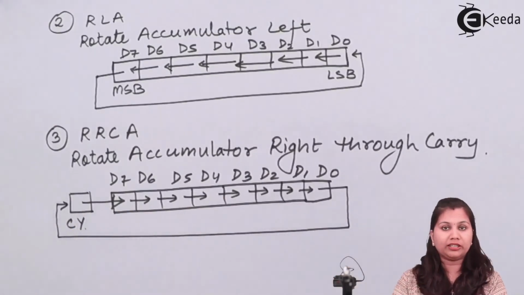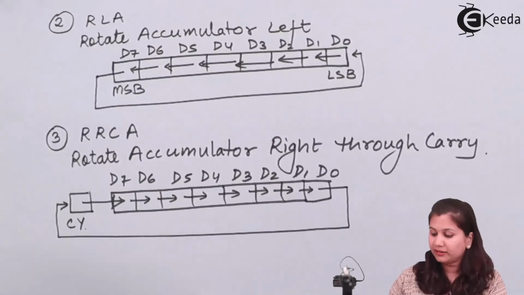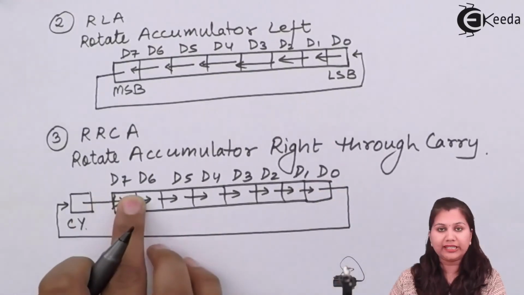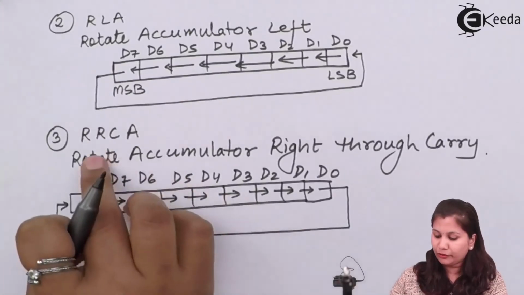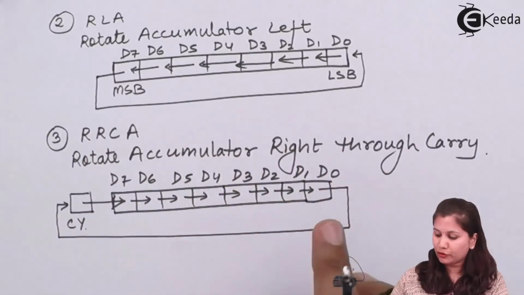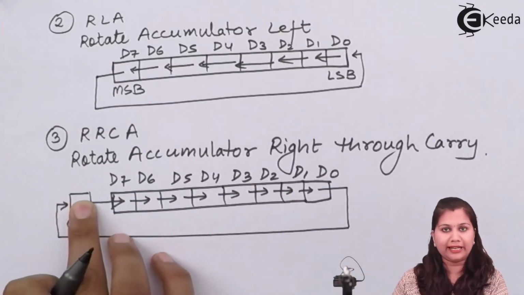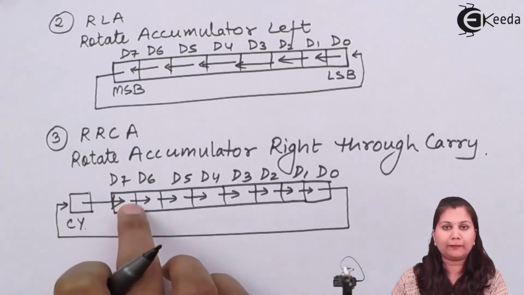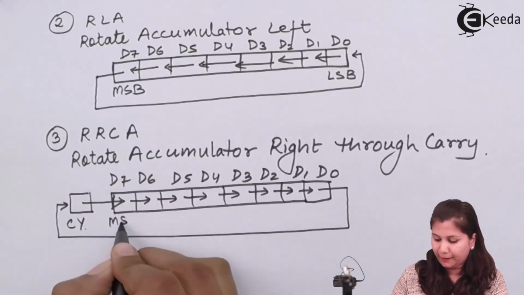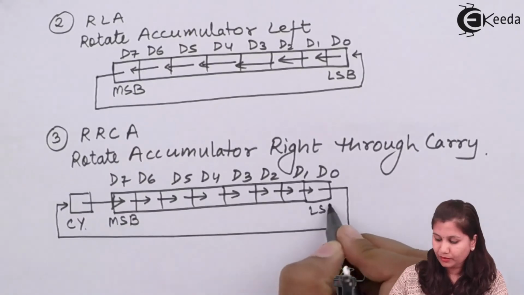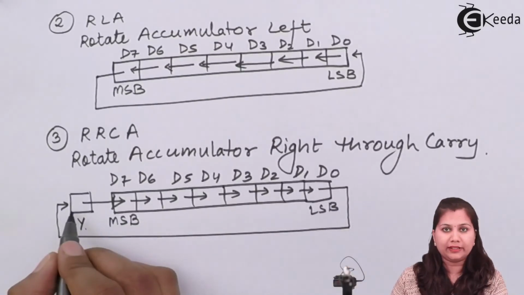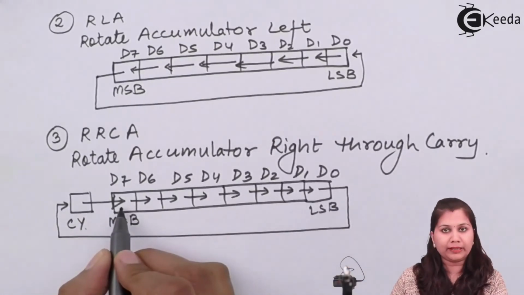Earlier when we studied rotate accumulator right, the D0 bit was going to the D7 bit. But now we are rotating it through the carry flag. So D0 will go into the carry flag and the carry flag will become the most significant bit. Suppose the carry flag is 0, so 0 will become the MSB.